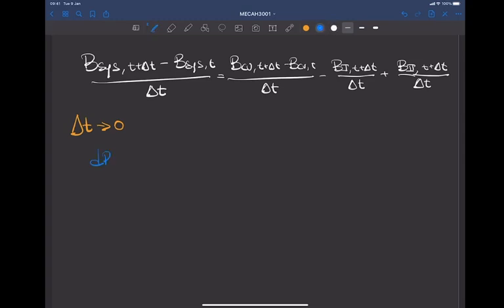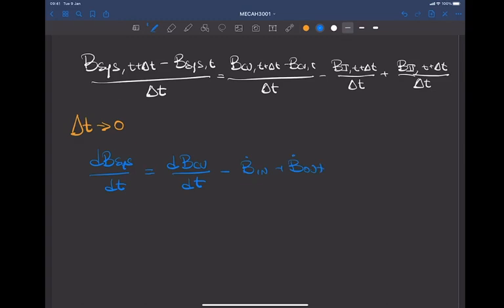So we have dB of the system over dt equal to the derivative of B of the control volume in time, and then we have these two terms that we will express like this, and then we will discuss a little bit more in the following.